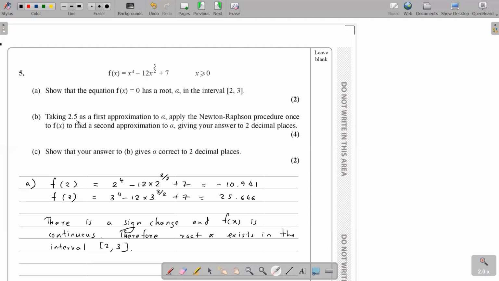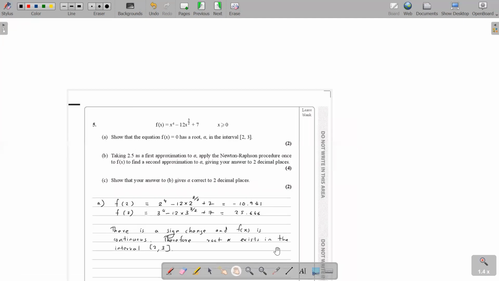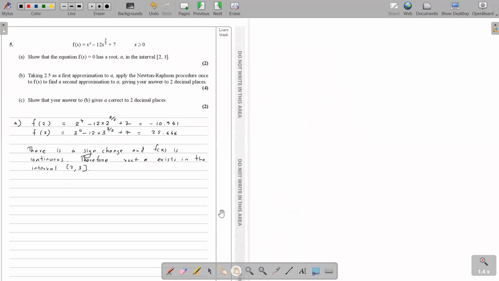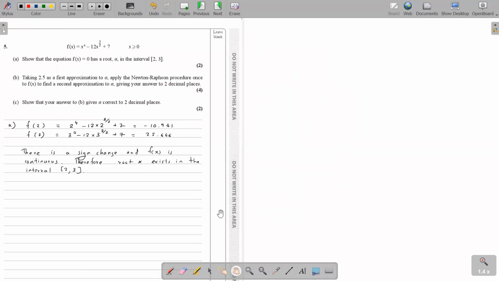Okay, so I'll move on to part B. Taking 2.5 as a first approximation to alpha, apply the Newton-Raphson procedure once to f(x) to find a second approximation to alpha, giving your answer to 2 dp. Tell me the Newton-Raphson equation: x_(n+1) = x_n - f(x_n)/f'(x_n). So you need to get your f'(x) also.